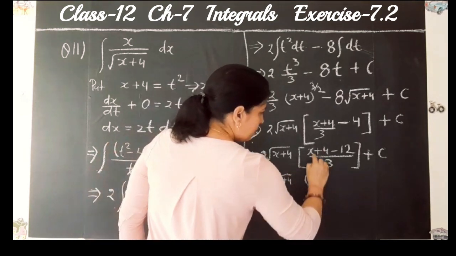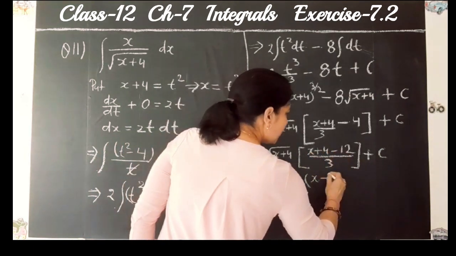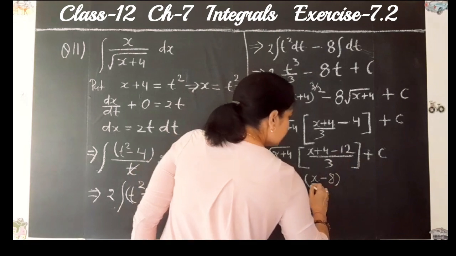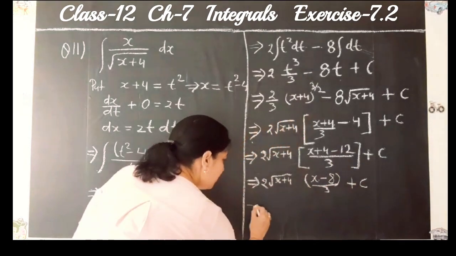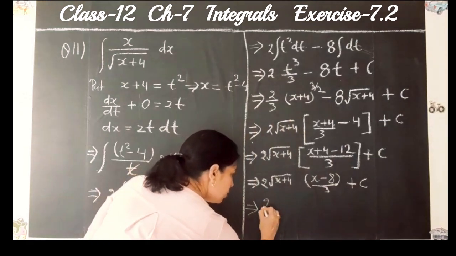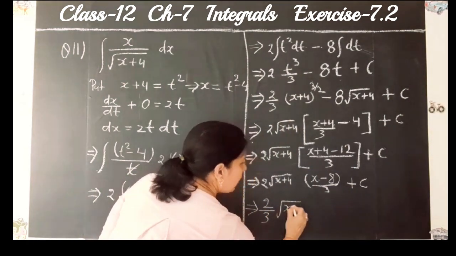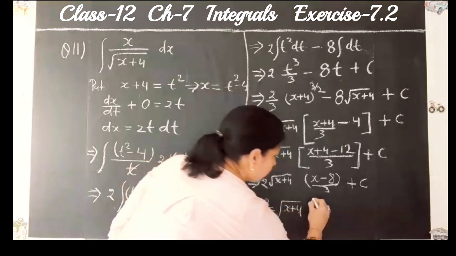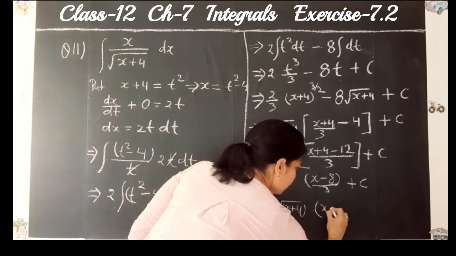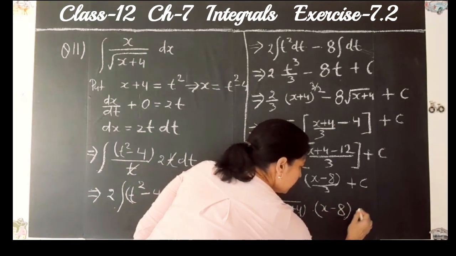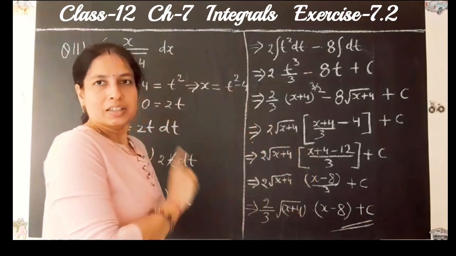Here it comes x, then 4 minus 12 will be minus 8, divided by 3, plus constant c. So finally we can write 2 by 3 root x plus 4 into x minus 8 plus constant c. This one is your answer.